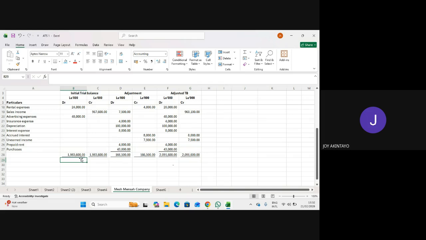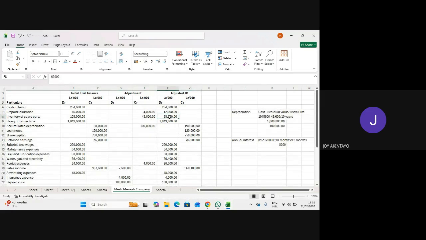Yes. So we don't need to record. We know this to be our purchases. Then we now have adjusted inventory at the beginning. It means 65,000 naira is our inventory at the beginning. So this is the value we have at the end of the period. That's what we are being given.